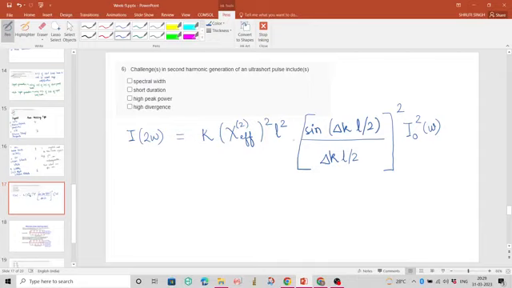So these are the different terms: constant, high second order susceptibility, coherence length, and this is the factor which comes from the mode locking, and this is the intensity of our fundamental.